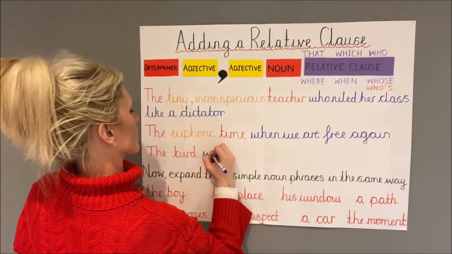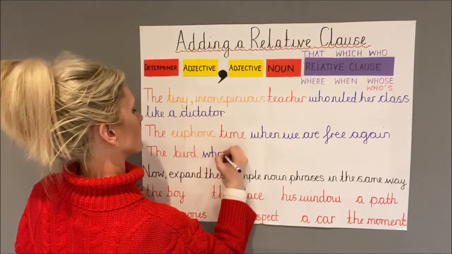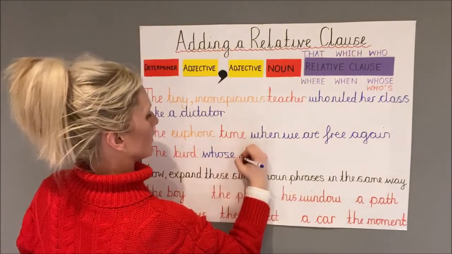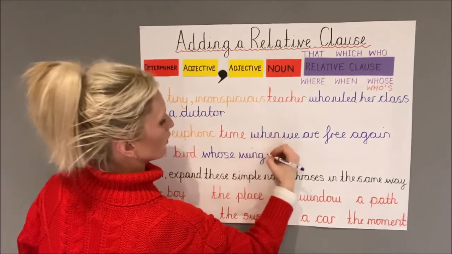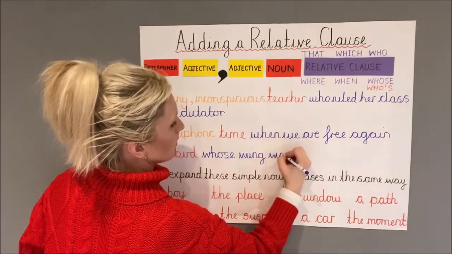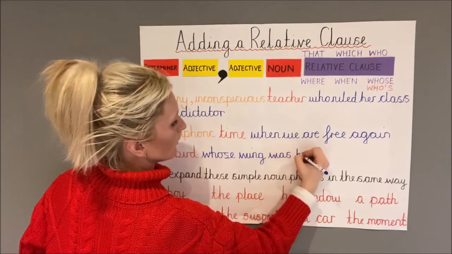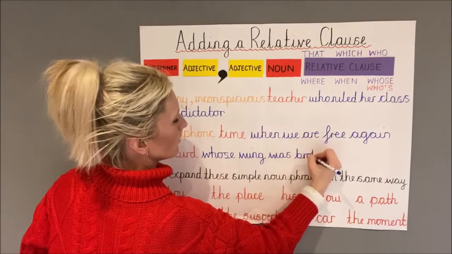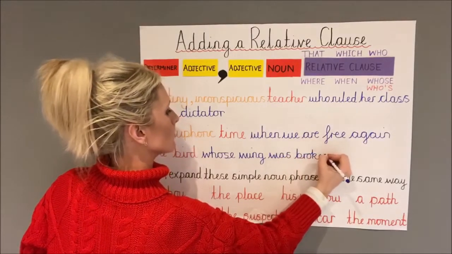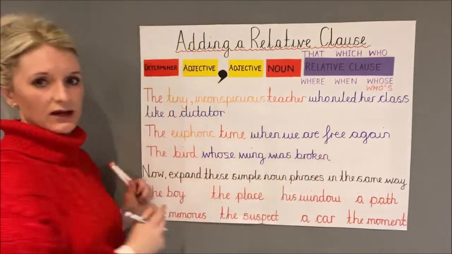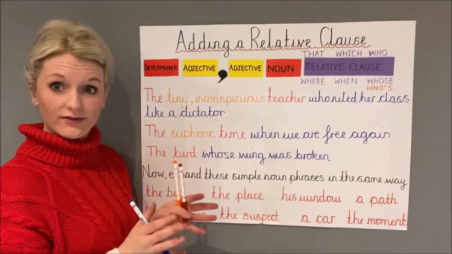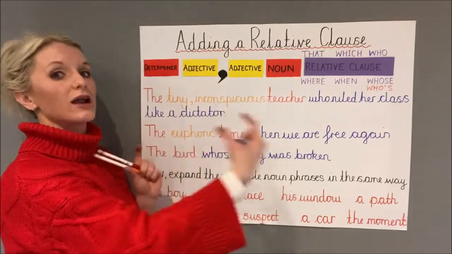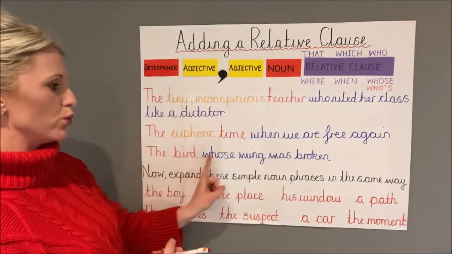So I'm going to say the bird whose wing was broken. Okay, and again, it doesn't need a full stop at the end because it would be part of a bigger sentence. It's just a noun phrase. It would be part of a longer sentence. So the bird whose wing was broken.